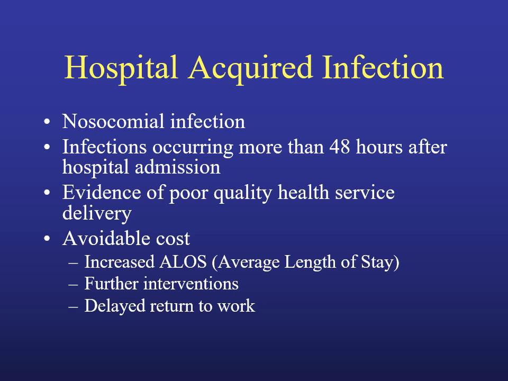So they are different from what we call community-acquired infections. What's the importance of hospital-acquired infections? Its effect on the morbidity and mortality of the patients, the extended stay, the unnecessary or added cost, the added investigations, burden on the health system, delayed return to work. كل هذه important factors that will affect the outcome.